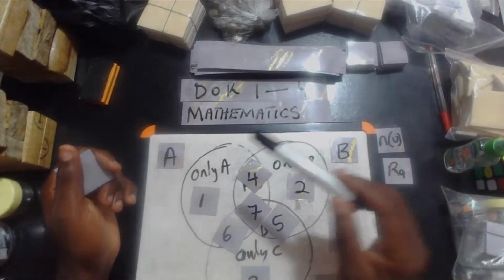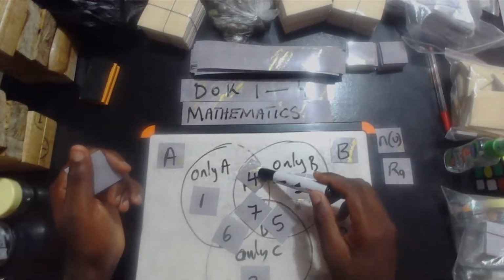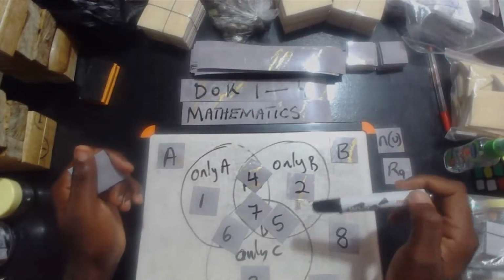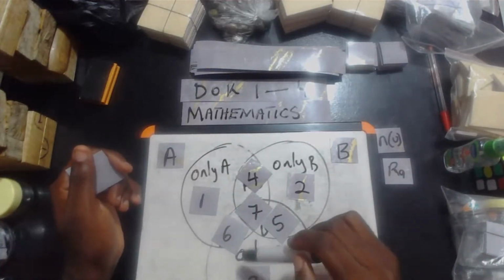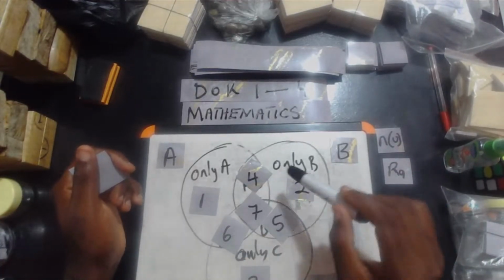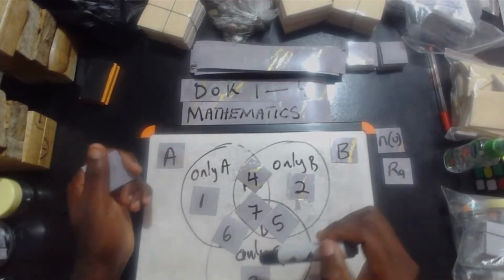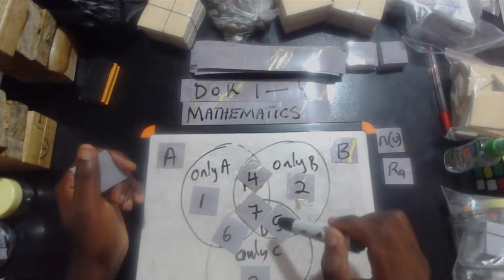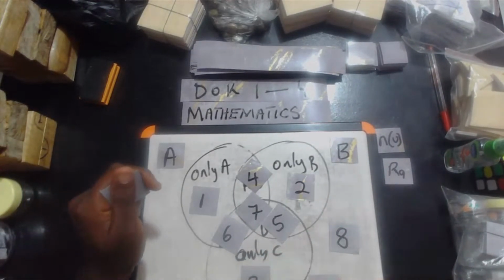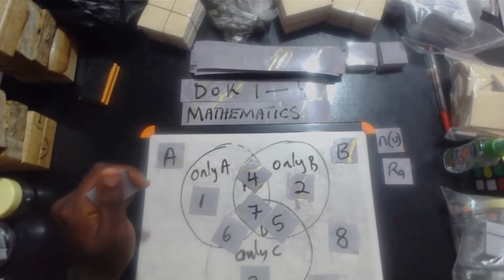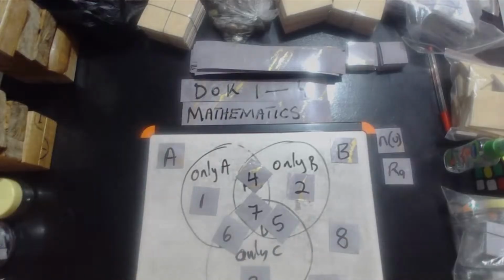Just A intersection B will be 4 plus 7, because there are some members who are also part of C who are part of A intersection B. But there are some members who are not part of C who are part of A intersection B. So it's a tricky thing that you have to watch to be able to understand. So that's DOK level 1 done.